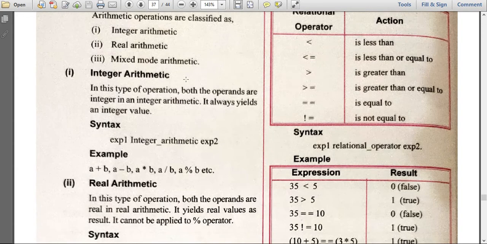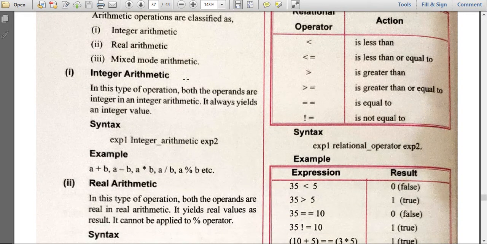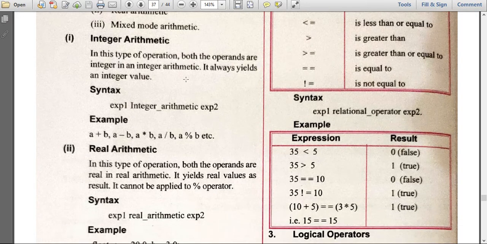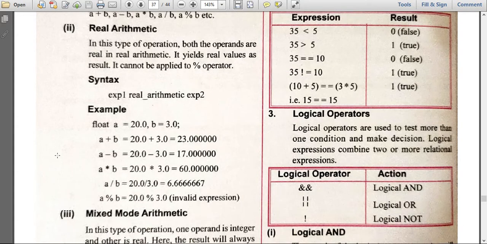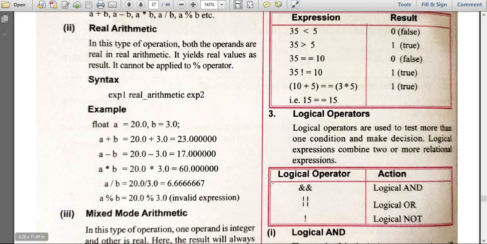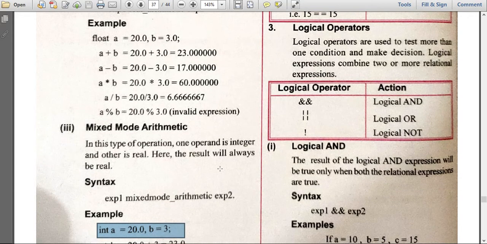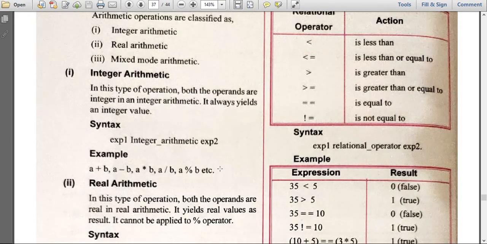So there are three types: integer arithmetic, where all operands must be integers; real arithmetic, where all values must be real, nothing but float values; and mixed mode arithmetic, with one integer and one float value. These are the three types of arithmetic operations.